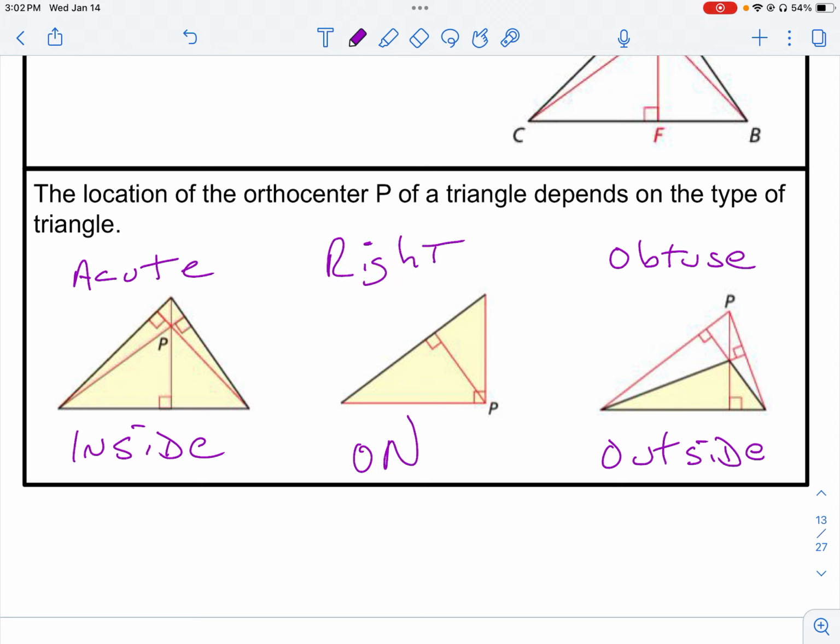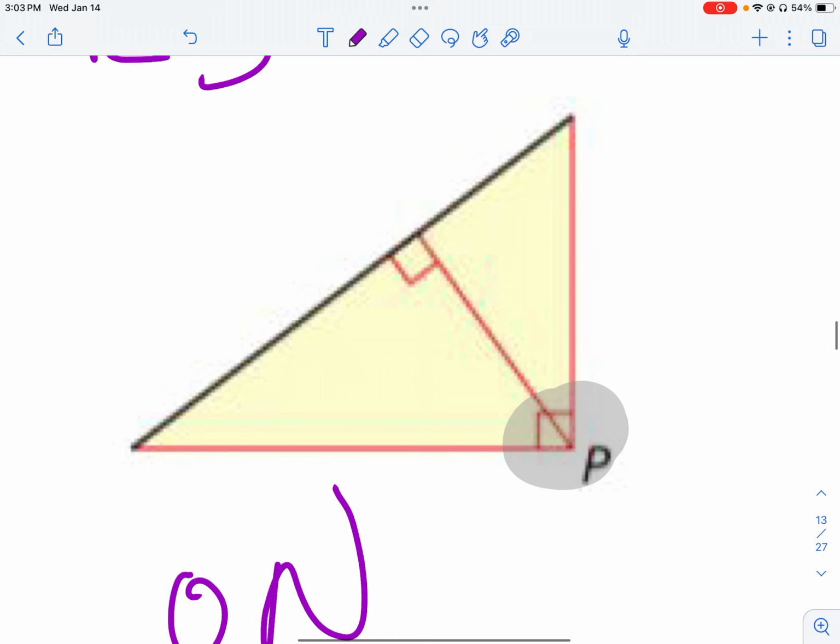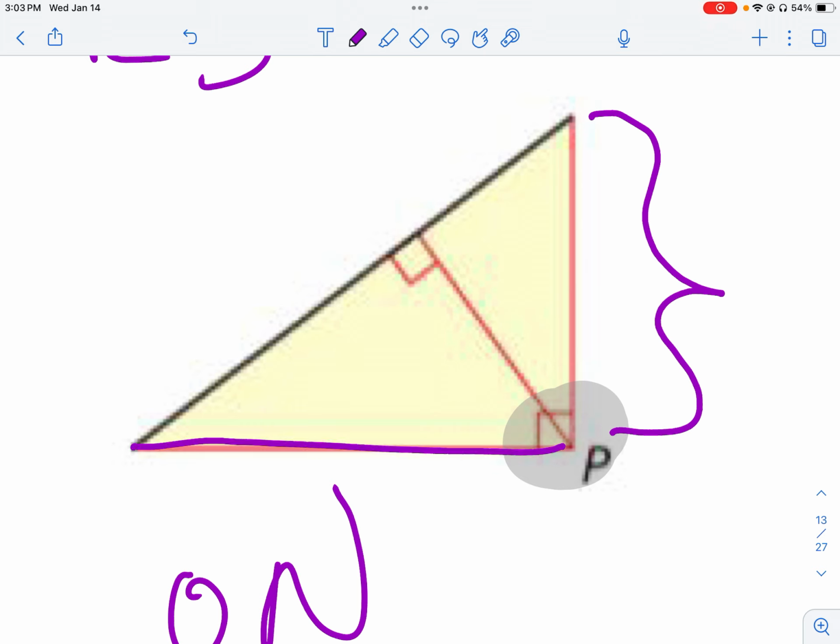If we have a right triangle, it's going to be on the triangle. And in fact, it's going to be right here at the vertex of the 90-degree angle, which if you think about it, this is the distance from this side to this vertex at a 90-degree angle, so it is an altitude.